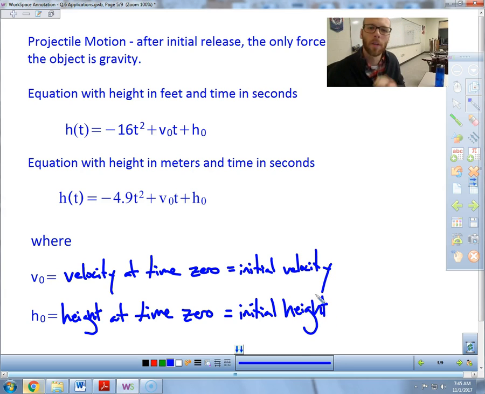So if we know the initial velocity and we know the initial height, all we have to do is plug those in and we have this quadratic that models time versus height of a projectile.